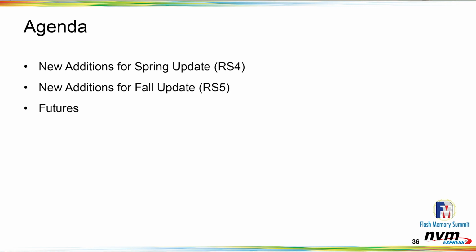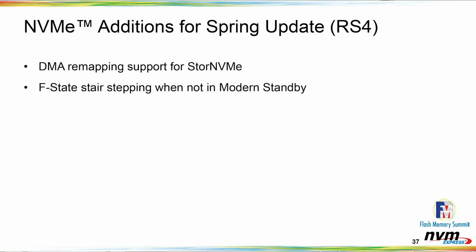As people are probably well aware now, we've gotten to a model with maybe a six-month cadence, where we do a new release of Windows and get that rolling along, much more agile, so to speak. These two that we did in RS4 are not specifically NVMe features per se, but they were applied to the NVMe driver.